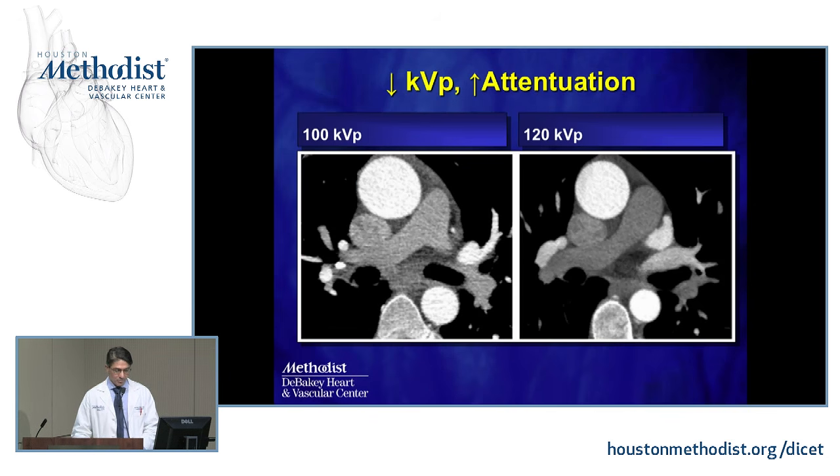And this is just a representative picture of that. Yes, this 120 kVp looks sharper, because you have less noise in the image. But when you drop your kVp, the brightness of the image, the amount of attenuation that is actually happening, is greater than when you're imaging at higher kVps.